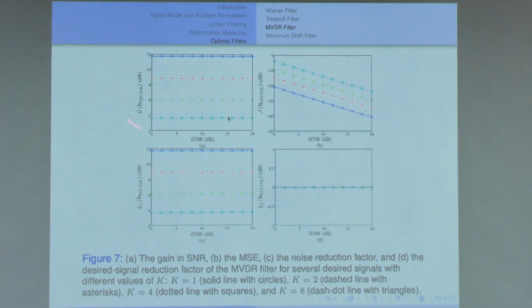Here we see the gain in SNR as a function of input SNR, the MSE, the noise reduction factor, and the distortion. You see the desired signal reduction factor is 0 dB. No distortion, no matter what K is. We have different plots for K equals 1, 2, 4, and 8.